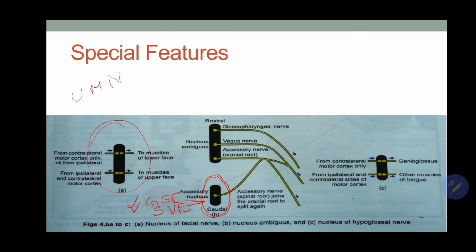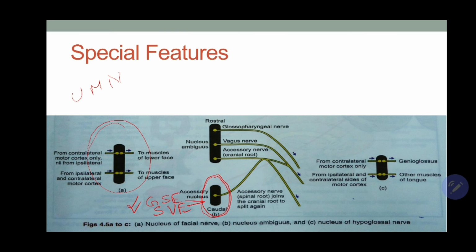While people who advocate for the special visceral efferent function of this spinal nucleus of accessory say that it is actually in vertical alignment with nucleus ambiguus, and embryologically this is actually the detached portion of nucleus ambiguus. That is one point.